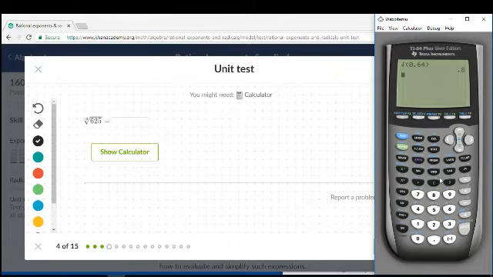Okay, for some reason that's not working. What we can do is 625 to the 1/4 power. That's 5.